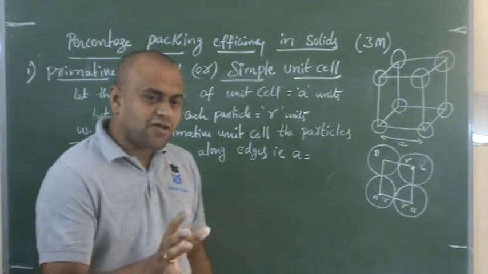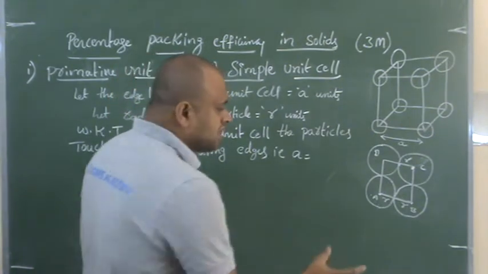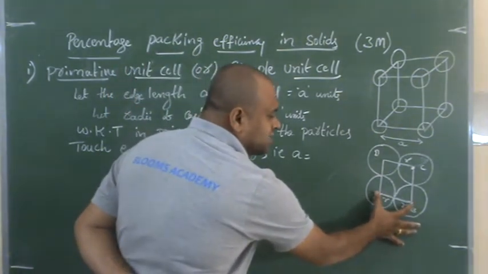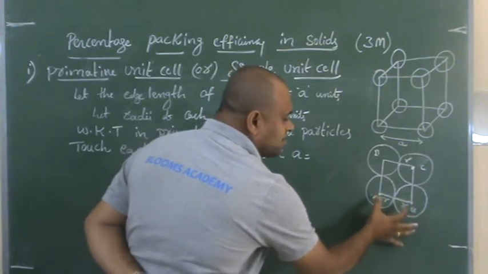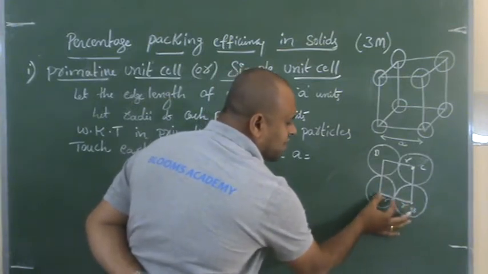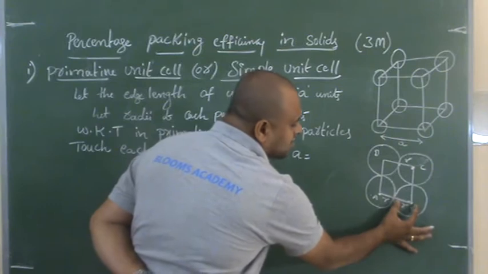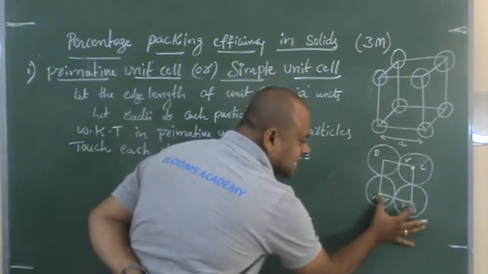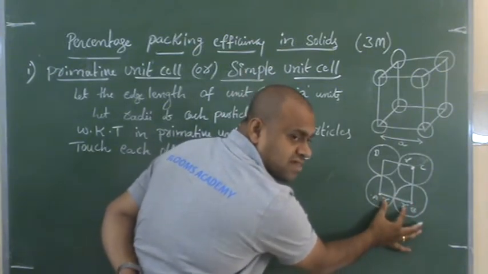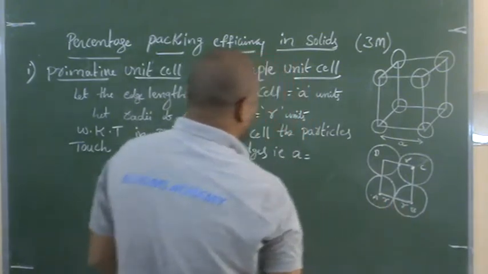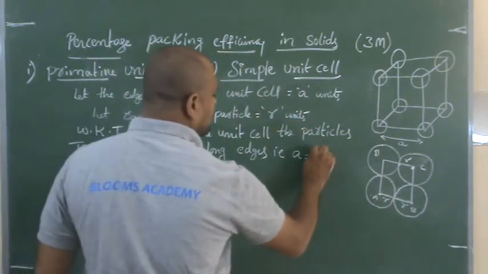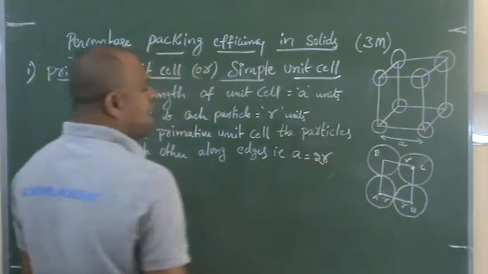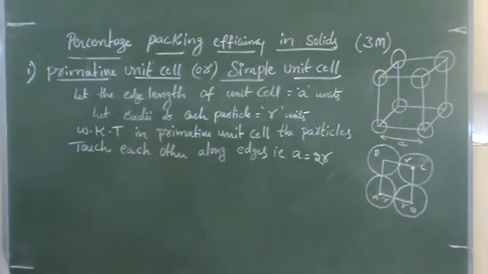Is it correct? Are you following what I am saying here? So in each edge, the particles are touching each other. That's why this is r and this is r. That means each edge is equal to how much? r plus r, that is 2r. a is equal to 2r.